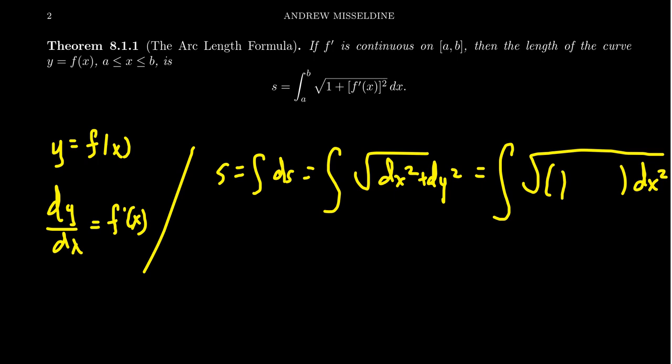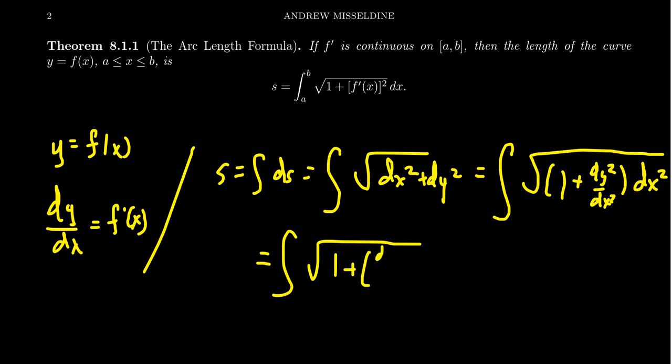If you factor a dx squared away from the dy squared, you get a fraction, dy squared over dx squared. Rewriting this, you get the integral of the square root of 1 plus, taking away the squares, dy over dx quantity squared. And if you take the square root of the dx squared, by usual arithmetic rules, this simplifies to dx.